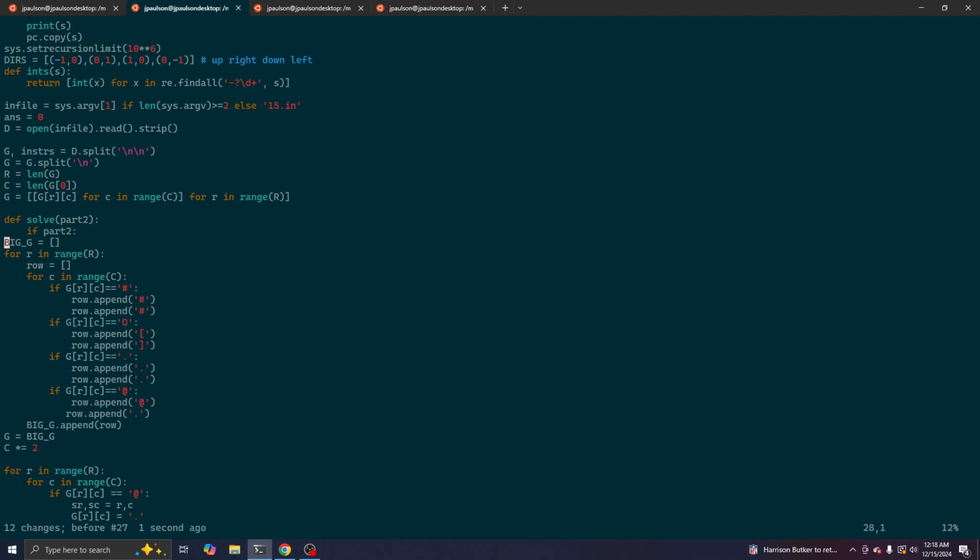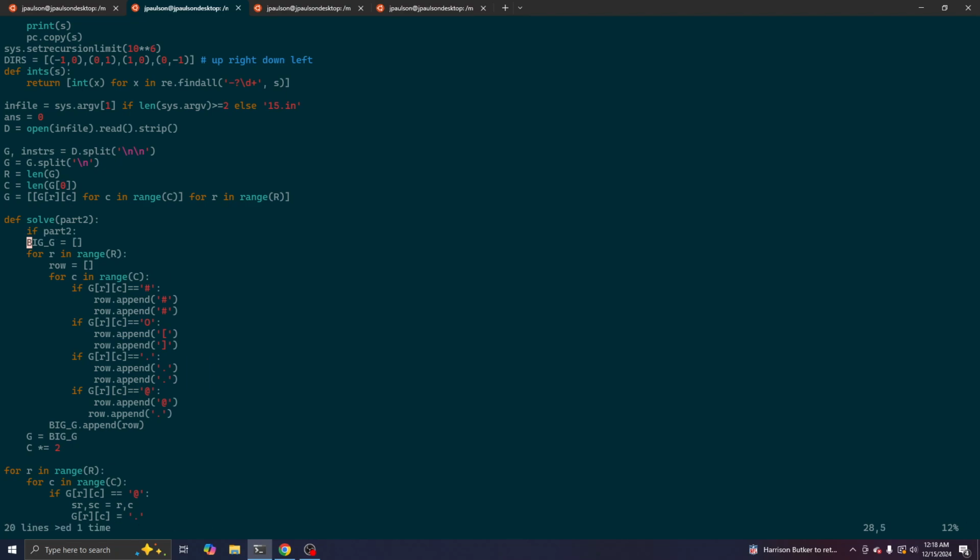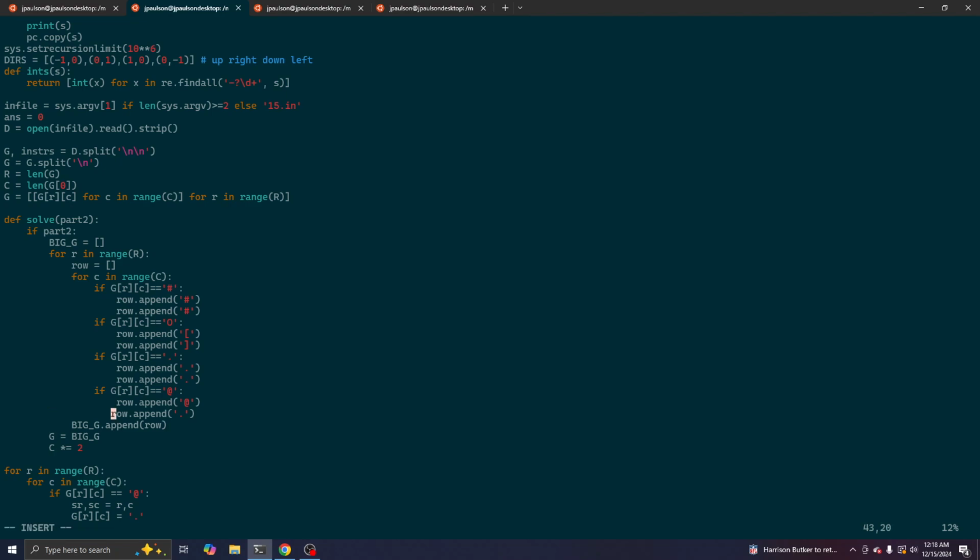So I'm gonna write a solve function and call it twice that just does all of these steps. I think I screwed up at least one of these.